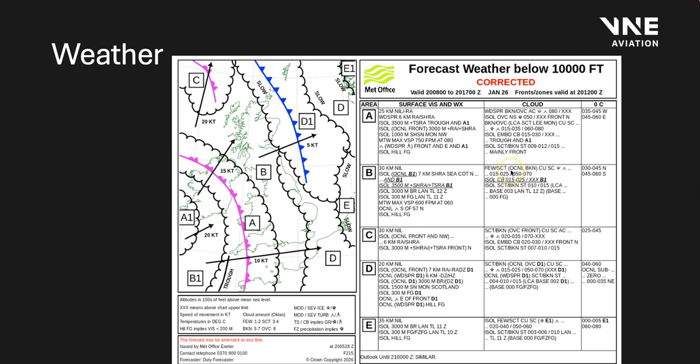If we look at the cloud next, we can see in B again, we've got few scattered, occasional broken Cu and Stratocumulus clouds. And then again, if we look at these symbols down here, we've got some moderate icing and moderate turbulence between 1,500 feet and 2,500 feet, and 5,000 feet and 7,000 feet.